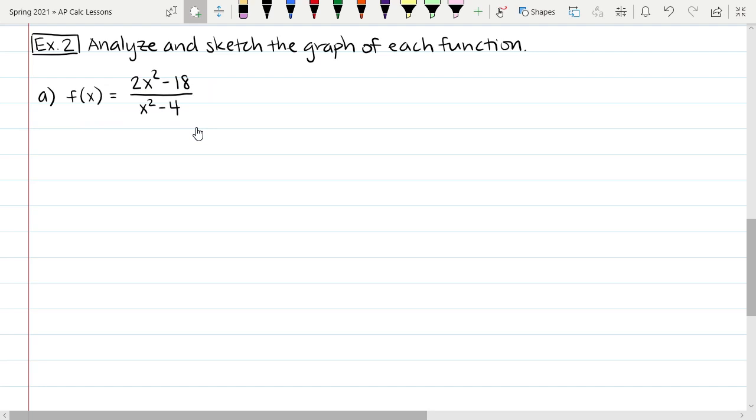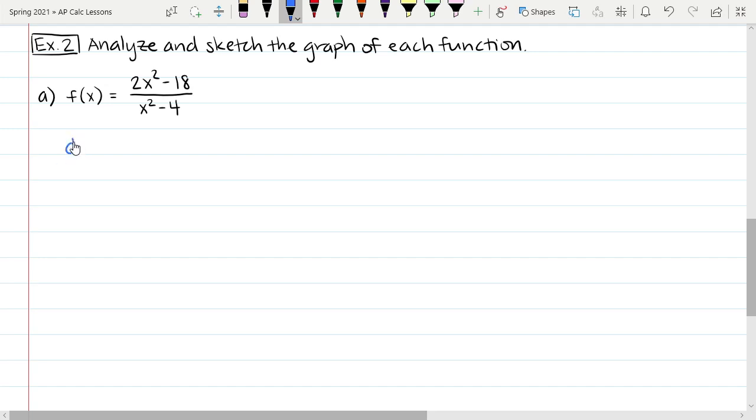In order to analyze and sketch, there are a lot of pieces of information that we're going to have to find, some of which are based on calculus, some of which are based on pre-calculus or previous courses. So first we're going to start with just the algebraic stuff, the non-calculus. Things like the domain, the intercepts and any asymptotes.